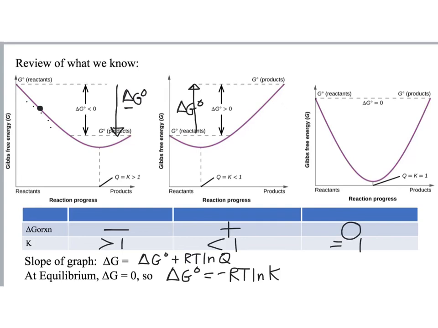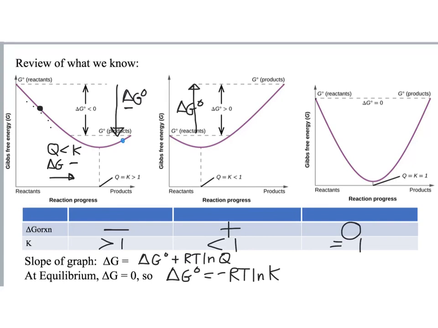At that point, we have more reactants than we need to have at equilibrium. So at this point, Q would be less than K. The slope of the graph at that point, which is delta G, is negative, and the reaction is going to proceed spontaneously in the forward direction in an attempt to get to equilibrium.